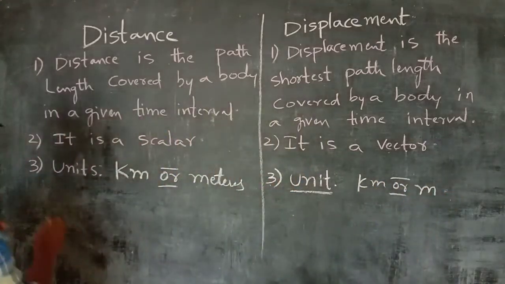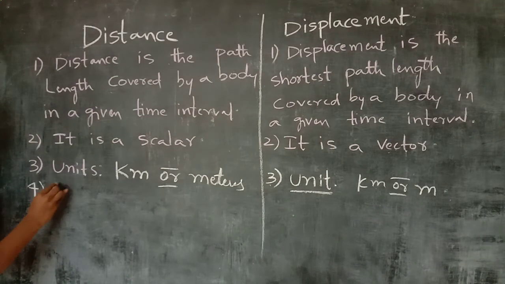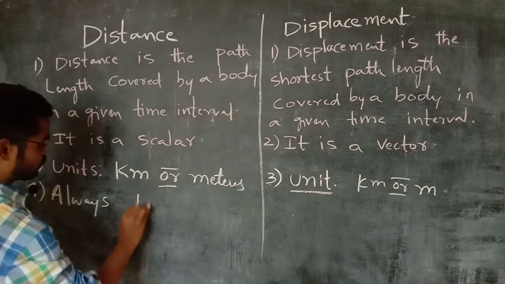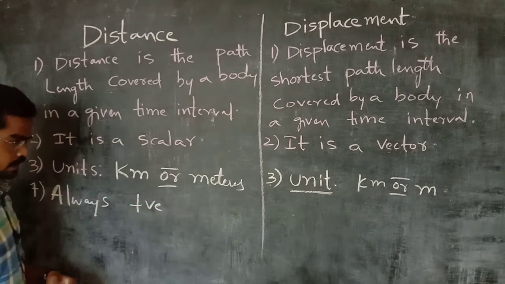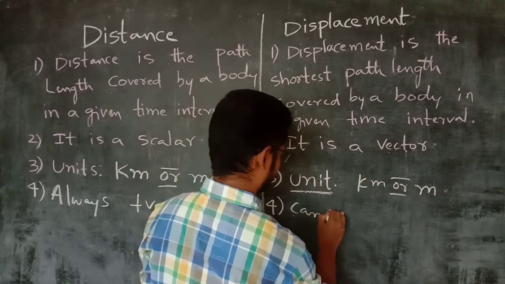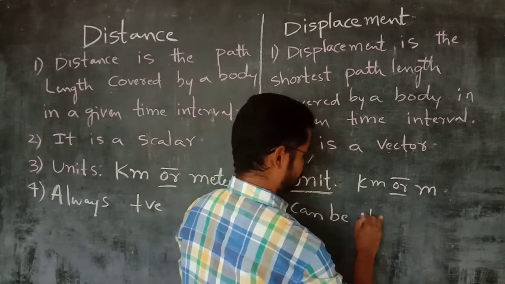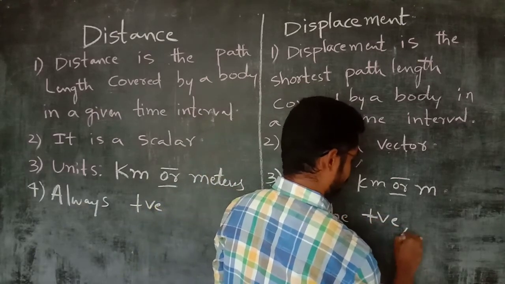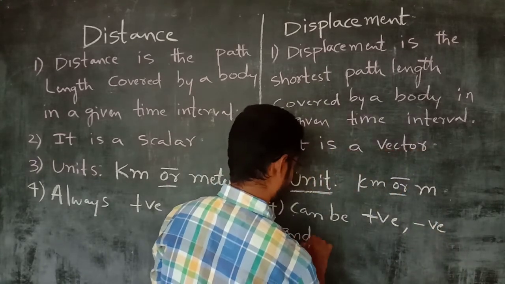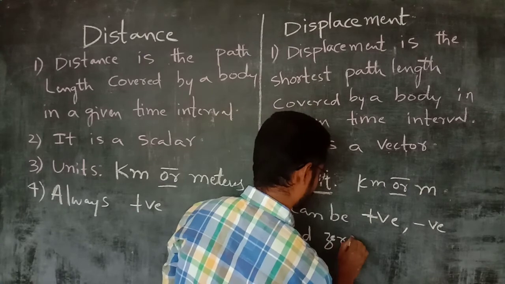Next, distance is always positive. Displacement can be positive and can be negative and also sometimes zero.